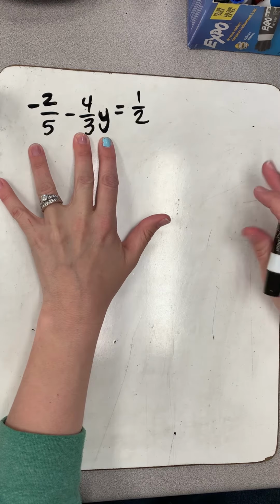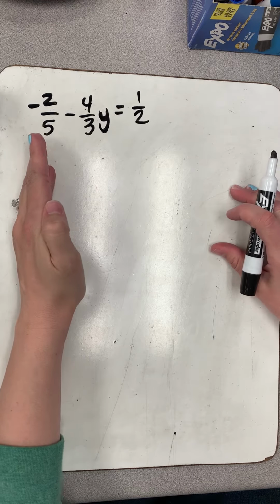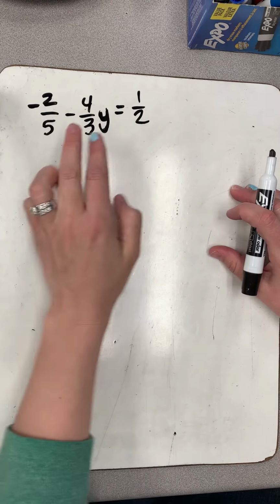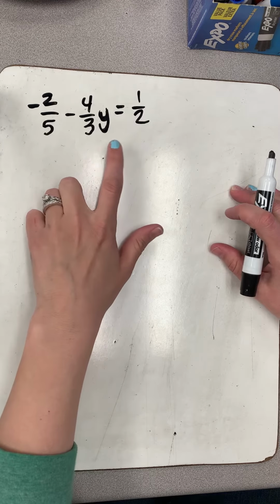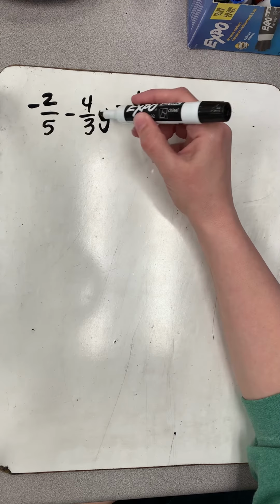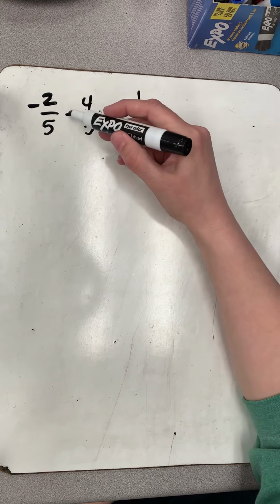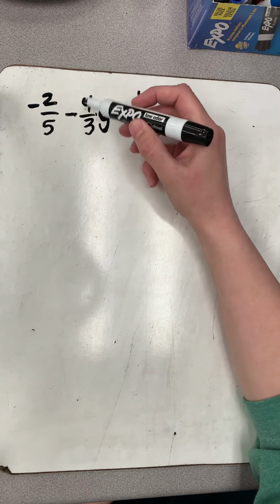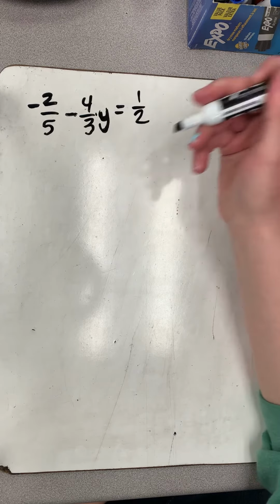So we want to use those same rules. We have to get rid of the stranger by doing the opposite and getting it to the other side. And then we want to separate you and your best friend by doing the opposite of what's happening. Now, realize the opposite of what's happening between these two would be multiply, so we would divide. It's not adding because we're not saying y plus or minus 4/3, okay?